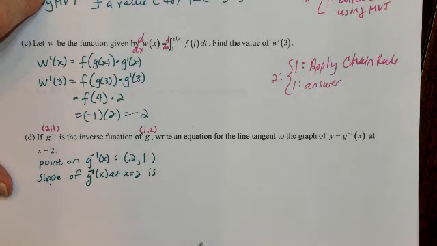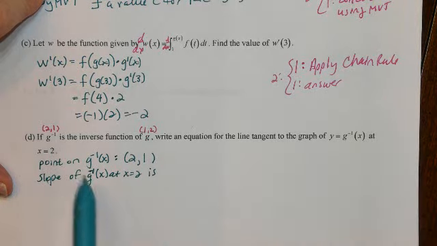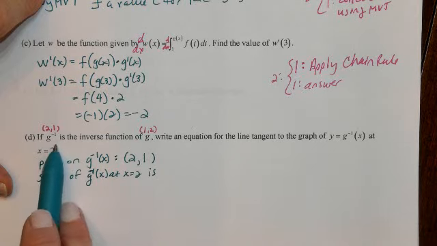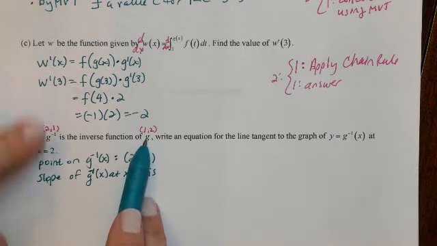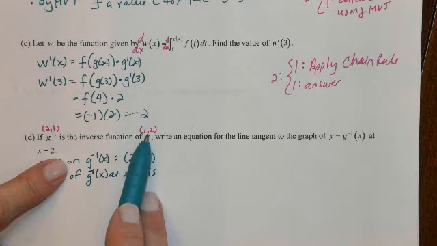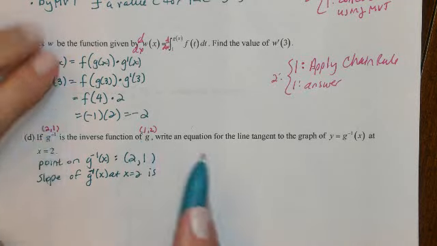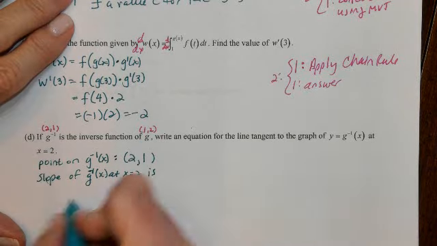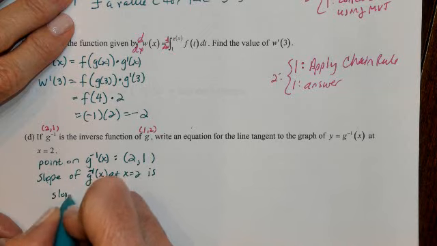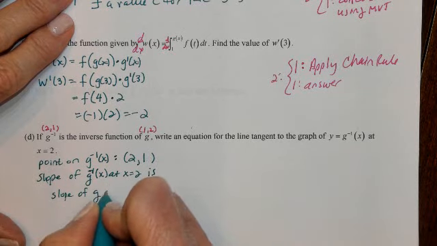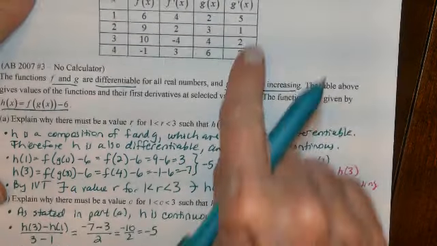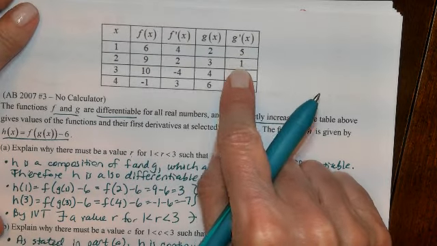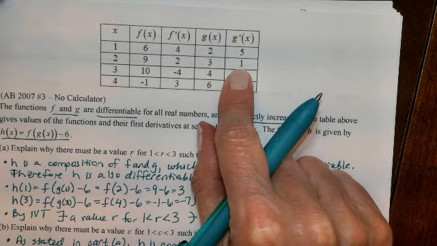Well, we need to know that the slope of G inverse is the reciprocal of the slope of G at its point, right? So slope of G at x equals 2 is 1.